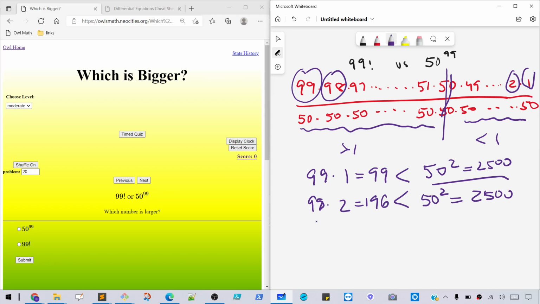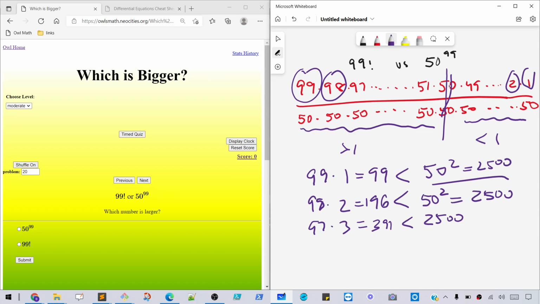Obviously we keep doing this, but it gets old fast. The next is 391, I believe, but that's clearly less than 2,500. We keep doing that, and these pairs get larger and larger. I forget the name of the inequality, but the maximum of the two-term product is going to be in the middle here.